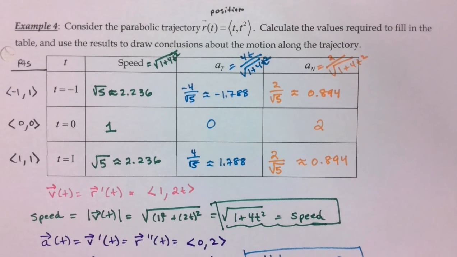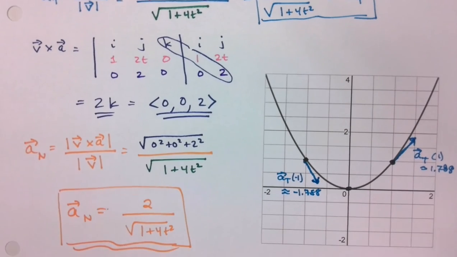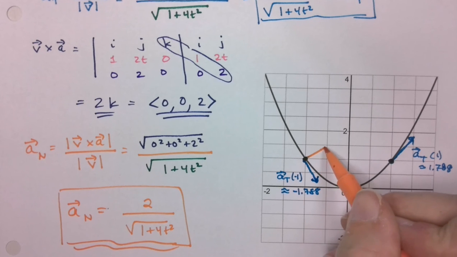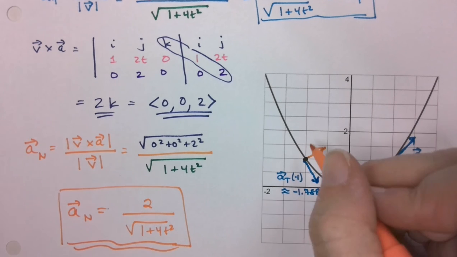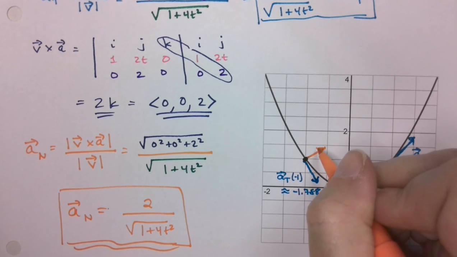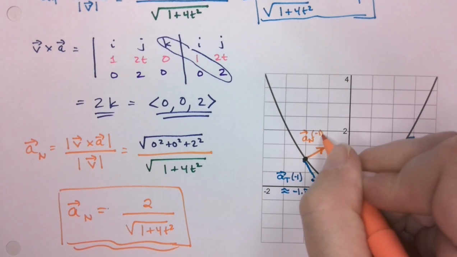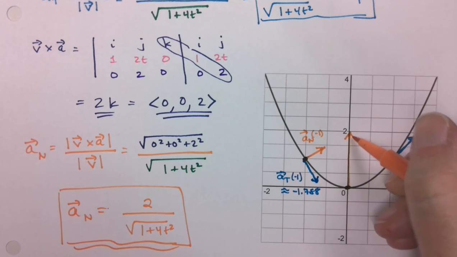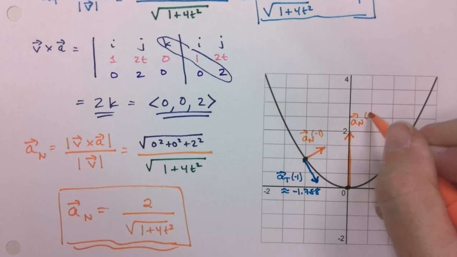Okay, so what does this mean? Let's think about this. So if I'm here at -1, the normal component is like this. It's got to be smaller. It should be less than that blue one, because the blue one is 1.788. So this should only be 0.894. I've probably drawn it a little too large, but that's the normal component at -1. At 0, it's all normal vector. It goes all the way up to 2, right?